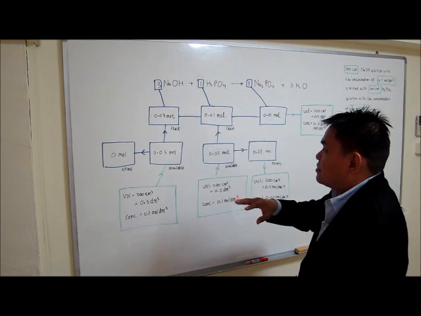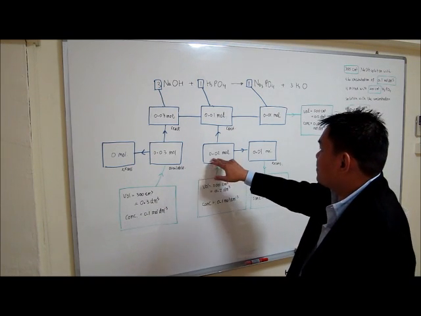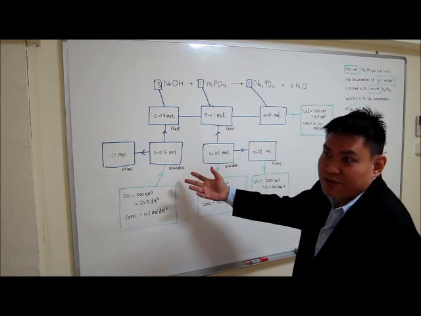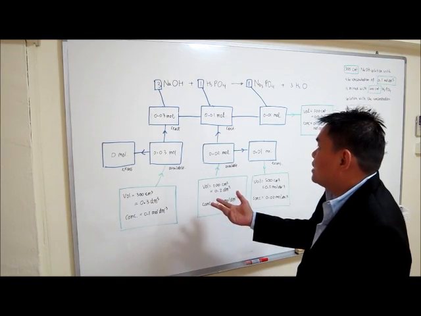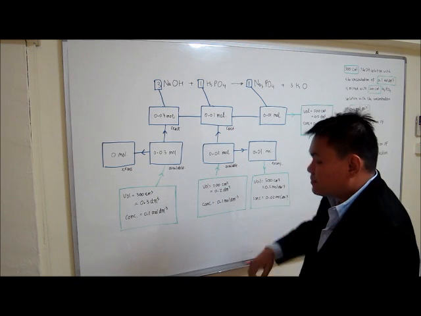Another thing that students usually make mistake is, just now we found out that the substance with the higher number of moles might not be the one that is in excess. So we must do trial and error.